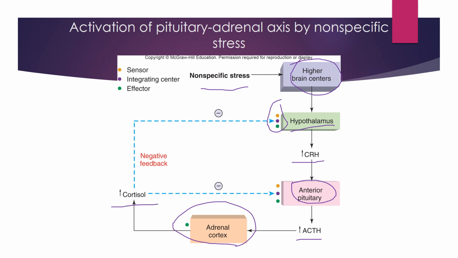Cortisol is going to start degrading proteins, stimulate gluconeogenesis, and inhibit glucose utilization to help increase blood glucose levels, and also stimulate lipolysis, the breakdown of fats. In the negative feedback, this will continue until it has an effect on the hypothalamus, or it's going to inhibit the anterior pituitary gland from continuing release of either ACTH or CRH.